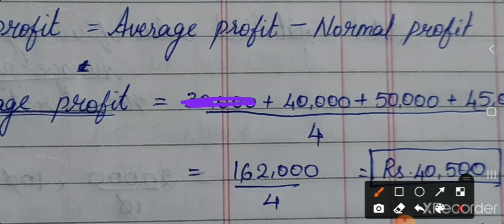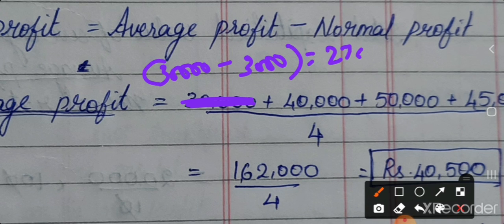I will send the correct solution to you as PDF. Here for the first year, this 30,000 includes a non-recurring income of 3,000. So you should subtract that. So you get 27,000 for the first year. And for all the other years you add and divide by the number of years.